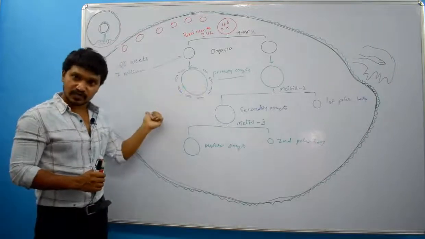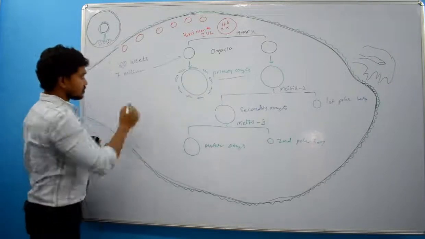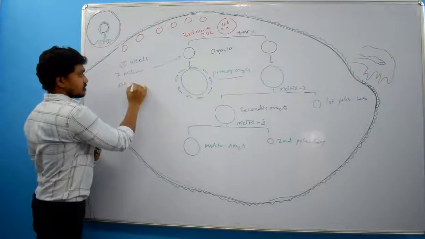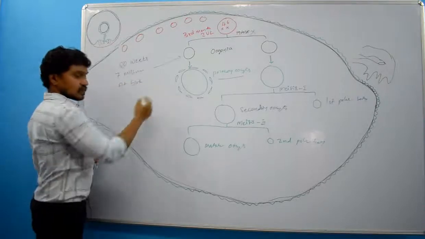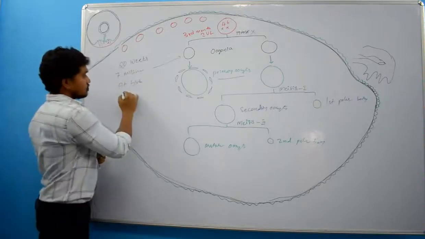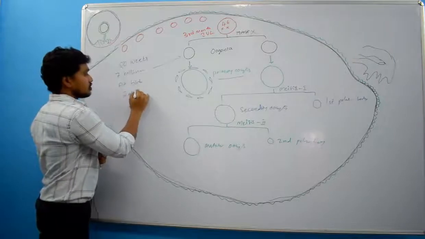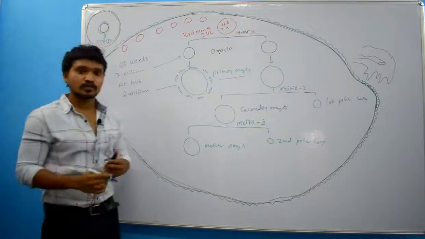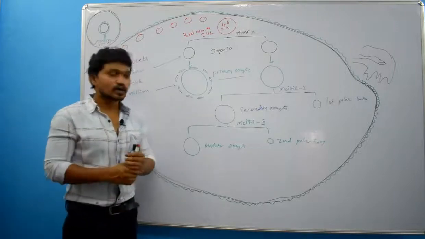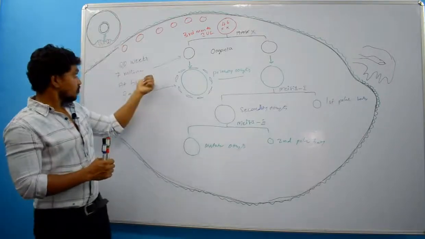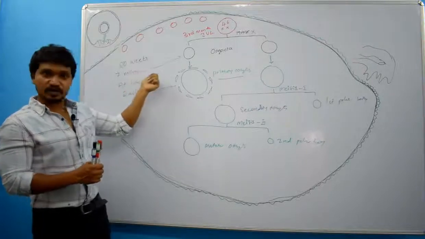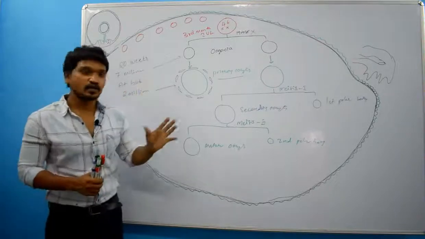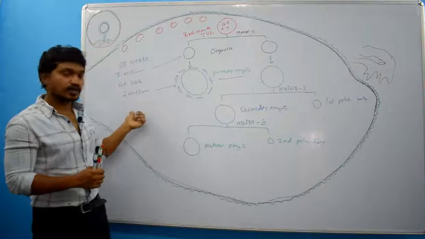At birth, we can find 2 million primary oocytes. That means the remaining 5 million from this 7 million have degenerated. Only 2 million remain at birth.